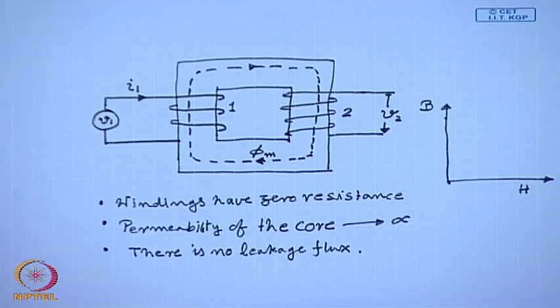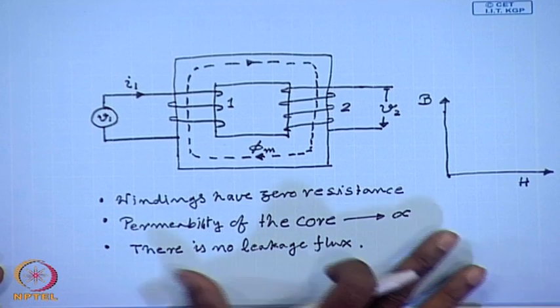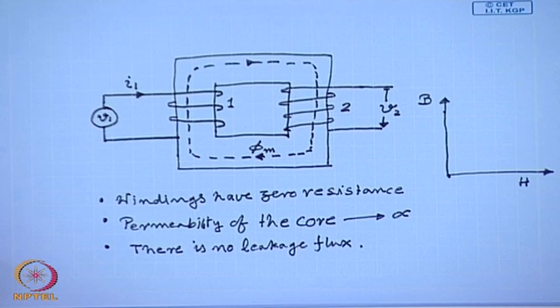A transformer for which these assumptions are made is called an ideal transformer. Now, this ideal transformer is a conceptual device. You can understand that no such practical transformer exists for which all these three assumptions hold.